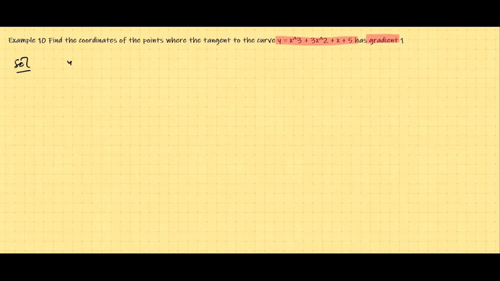So our curve is x cubed plus 3x squared plus x plus 5, and we differentiate each term as we've been doing so far. It gives me 3x squared plus 3 times 2, which is 6x, and x to the power 1 gives me 1, and a constant term differentiates to give us 0. We saw that earlier.